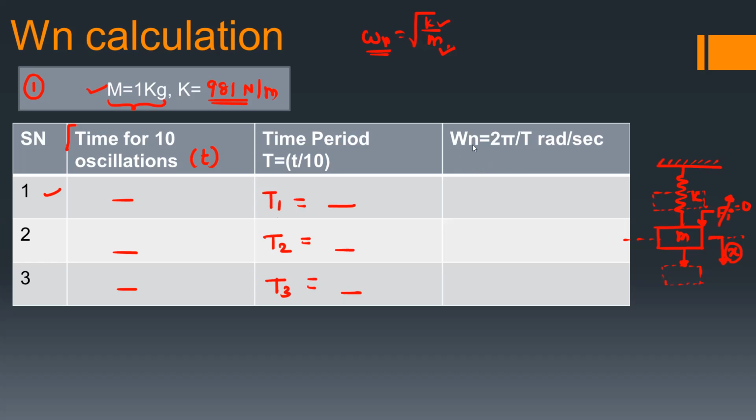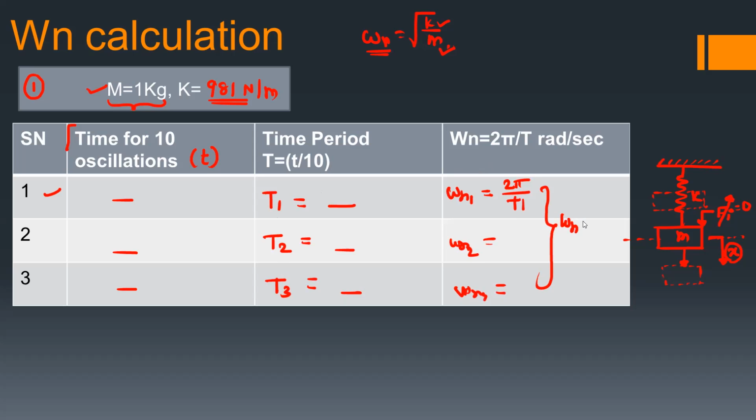Then find the omega n. This is omega n1, equal to 2 pi upon t1. Calculate omega n2 and omega n3. As there is variation in the time, we will get variation in the natural frequency, and then take the mean value.